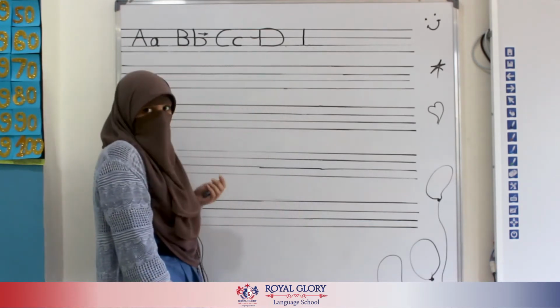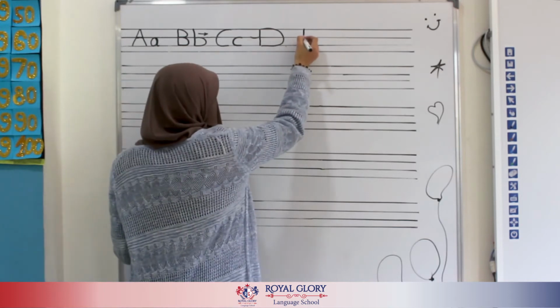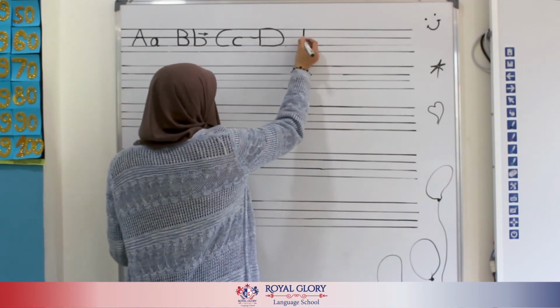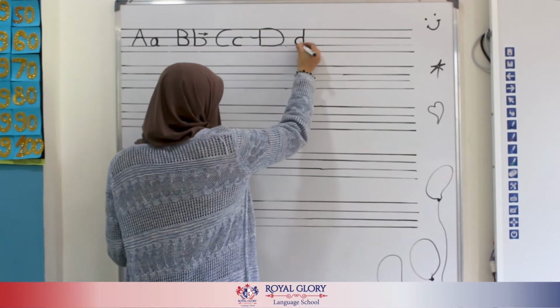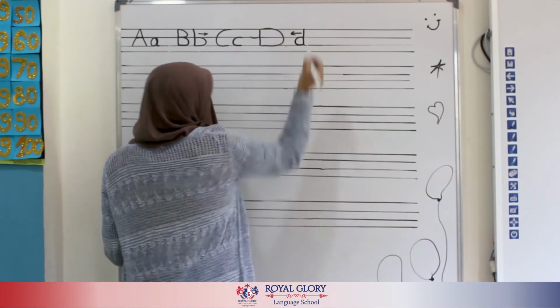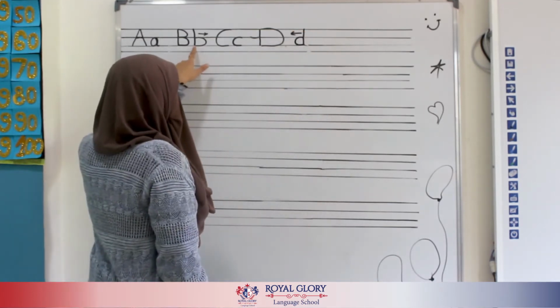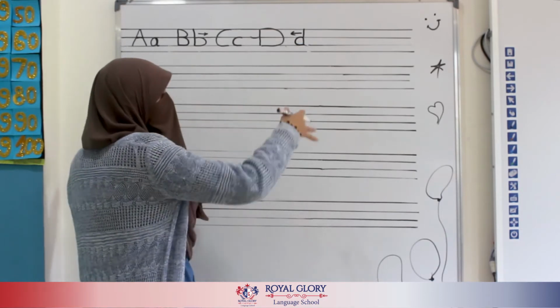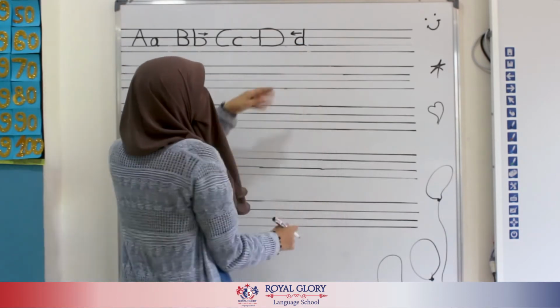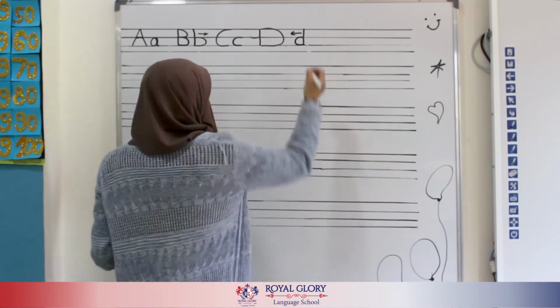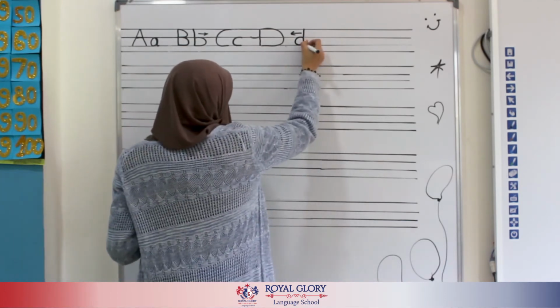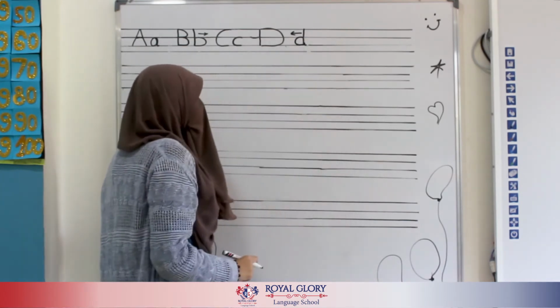Small half circle left between line number 2 and line number 3. So, ba, small half circle right; d, small half circle left, and small tail. Okay.